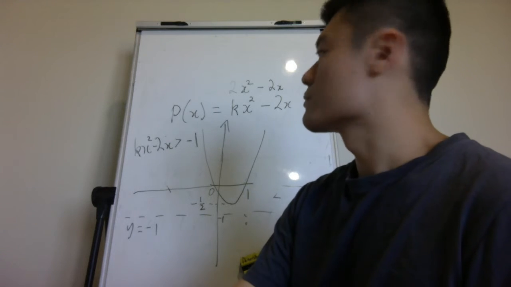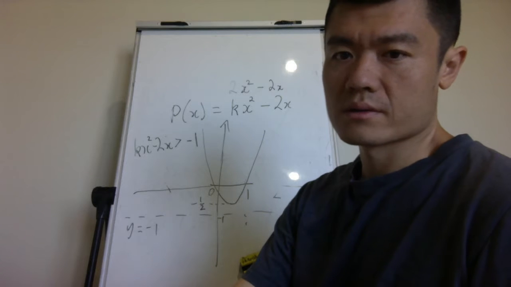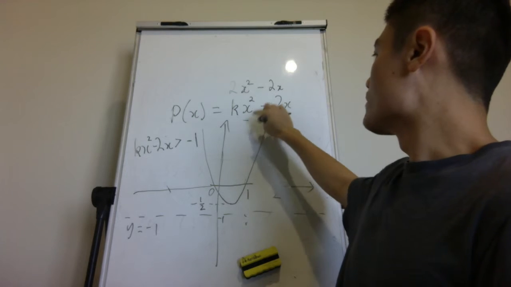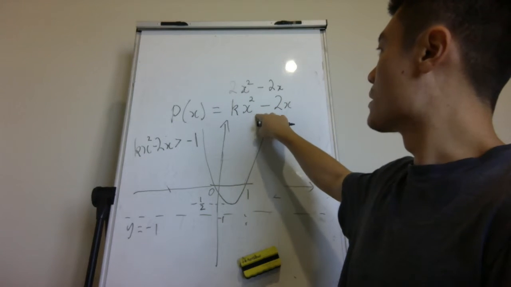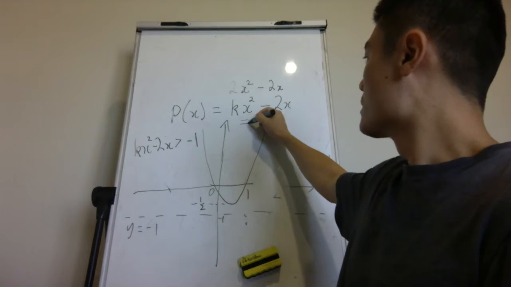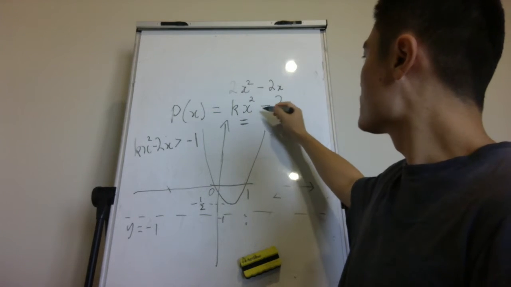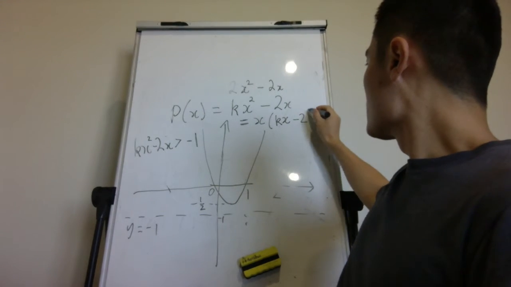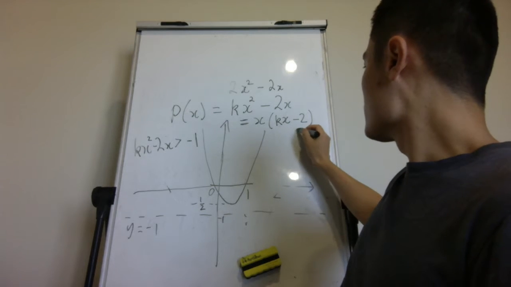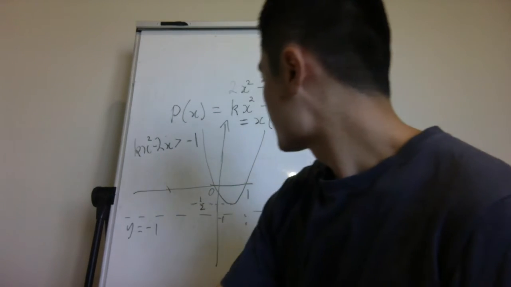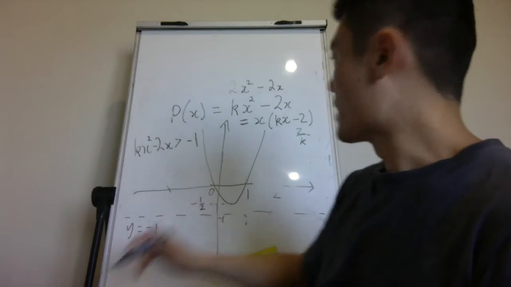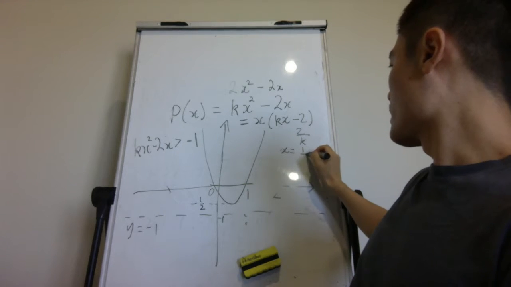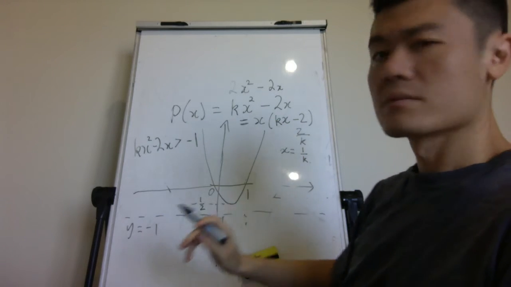Actually doing those examples was pretty good because that procedure works in general, right? If you wanted just to find the intercepts, or if you knew the formula for the maximum, the x value is minus b on 2a or whatever, you could do that too. But if you knew that the intercepts would be 0 and 2 over k, then the minimum would happen at x equals 1 over k, halfway between 2 over k and 0.